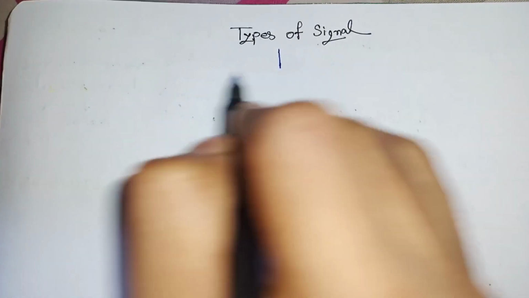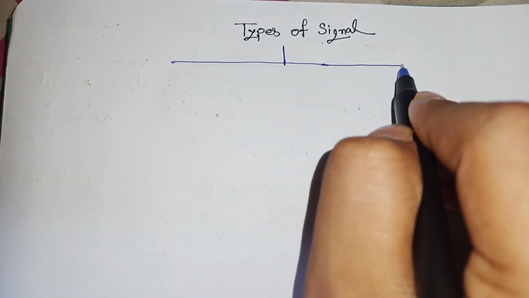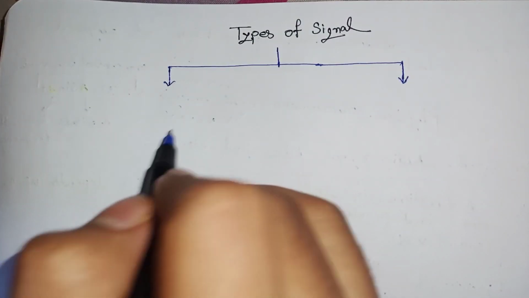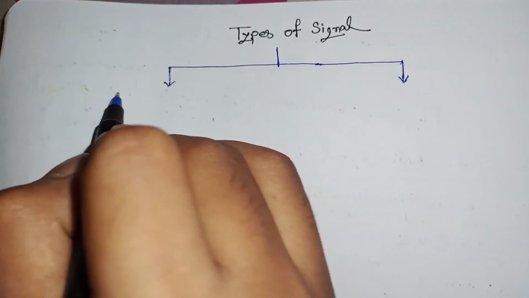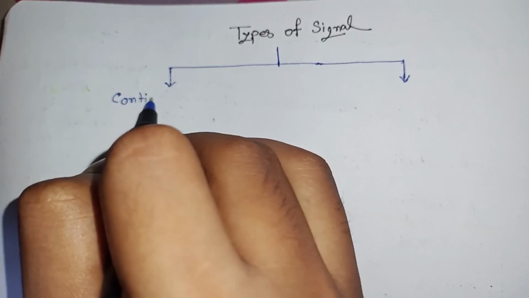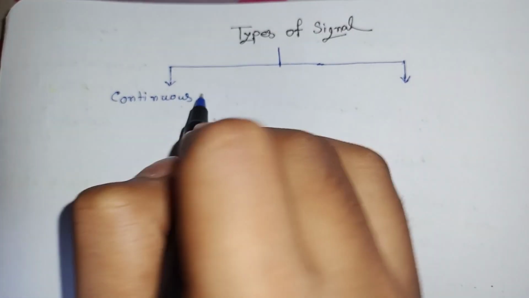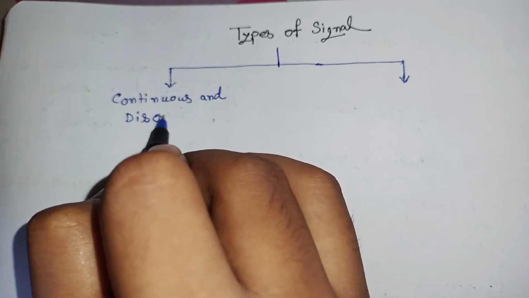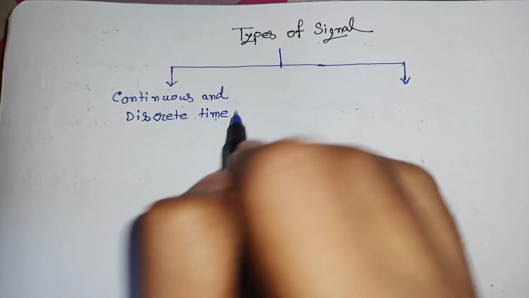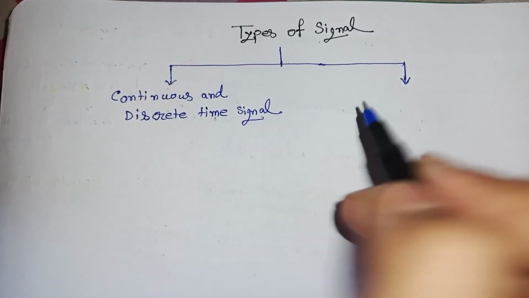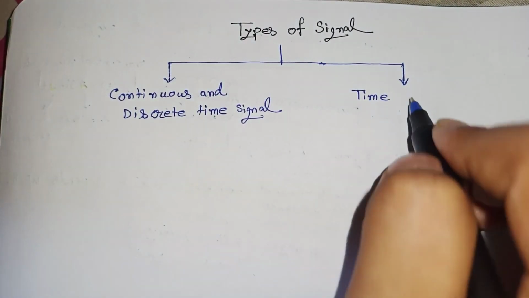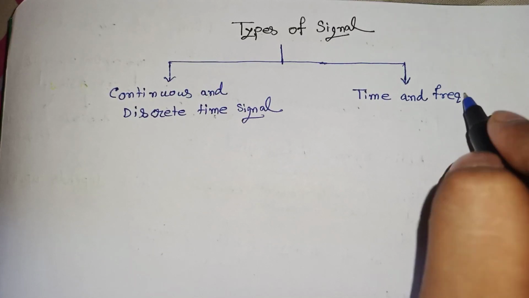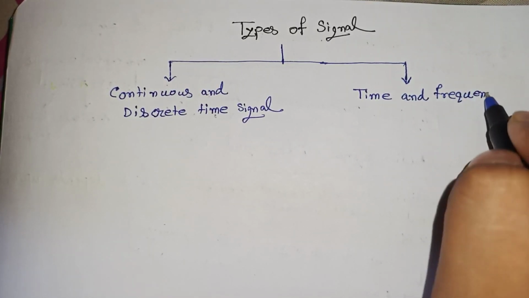Now there are many signals, but we will study only those types which are continuous and discrete time signal, then time and frequency domain signal.